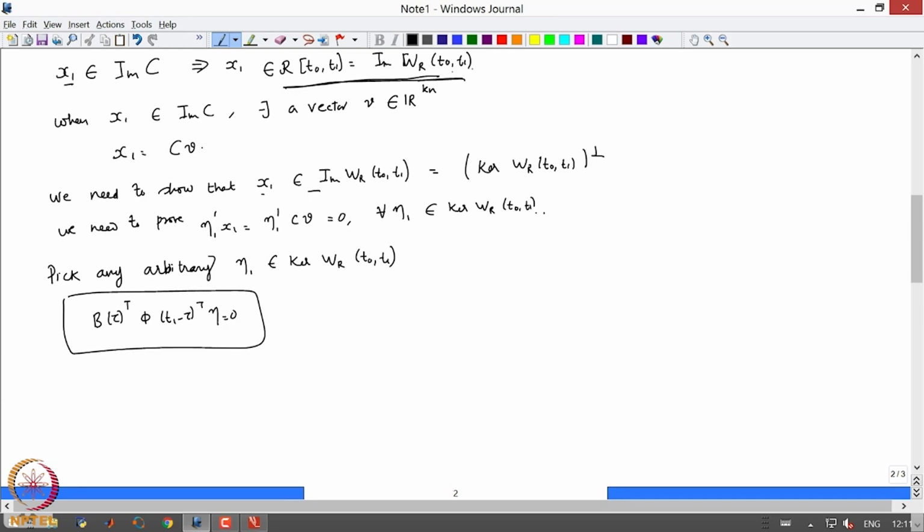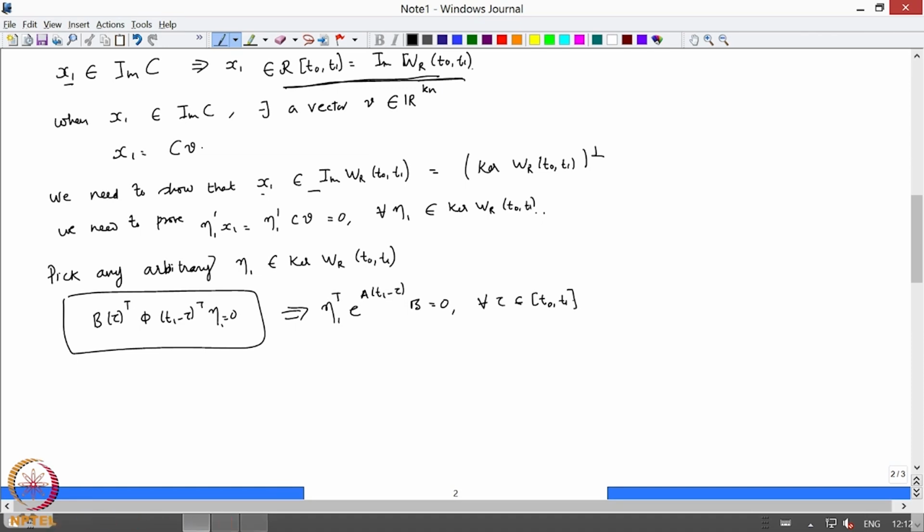That translates, in the LTI case, to eta 1 transpose e power a (T 1 minus tau) b equal to 0, and this is valid for all tau belonging to T 0 T 1.